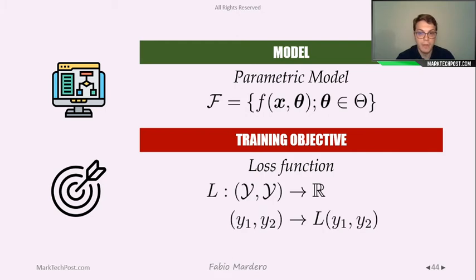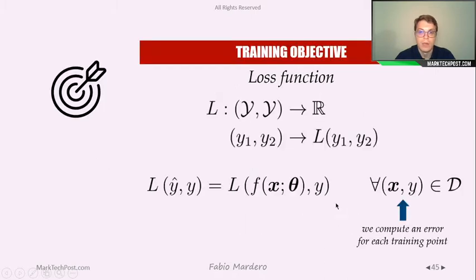Then, finally, we have to describe the task of our supervised learning problem, our training objective. And in order to do so, we have to describe a particular function called the loss function. Here, the loss function takes two inputs from the target variable domain and outputs a real number. What is the meaning of the loss function?